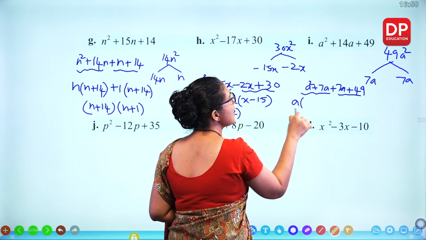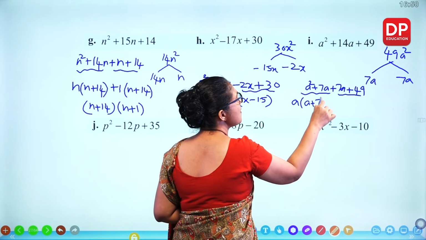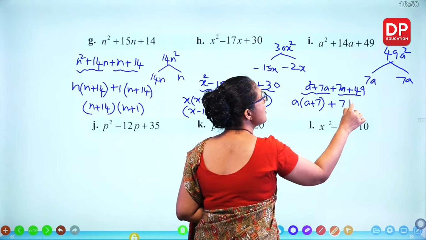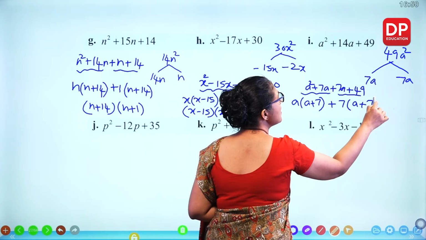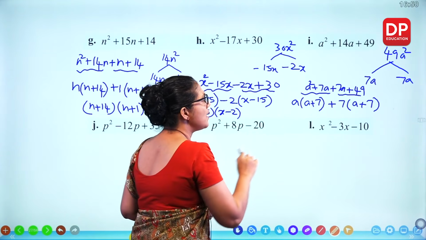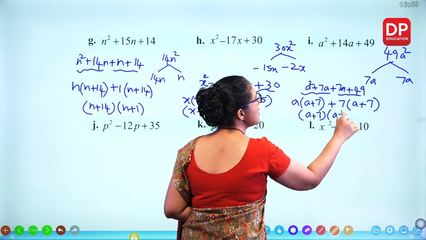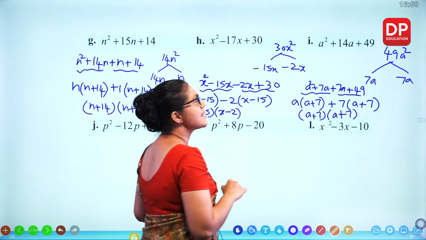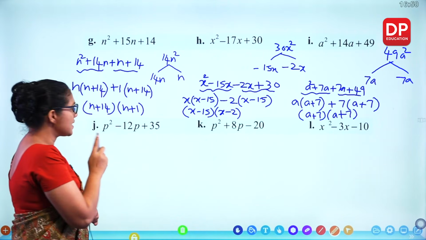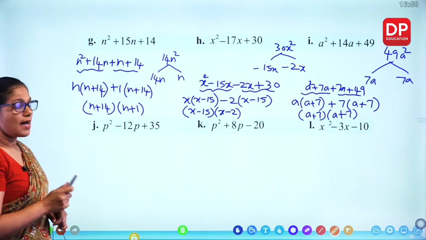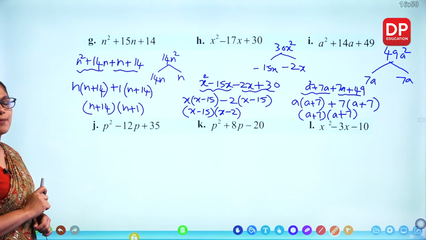I can take a out and write a plus 7. I can take 7 out, a plus 7. A plus 7 is common. Take it out. What's remaining? Another a plus 7.